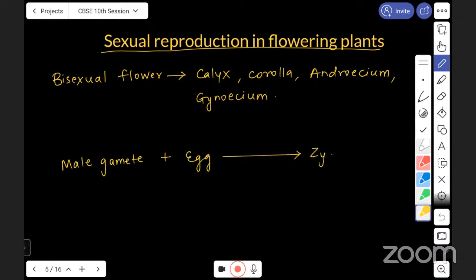Zygote. Now, we have already discussed that gametes are haploid. So when two haploid gametes fuse, you will end up producing a diploid zygote. All the chromosomes will be in pairs in case of zygote. This process is nothing but fertilization, or syngamy.